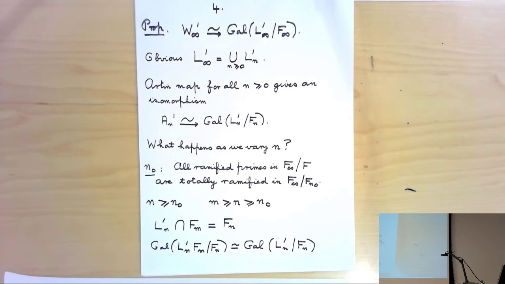Because obviously every L_n prime, when you translate it up to F infinity, will be contained in L infinity prime. And of course, any element of L infinity prime will actually be defined over some finite extension. It was defined over F infinity a priori, but there's only a finite number of coefficients in its polynomial, so it will be coming over some L_n prime.